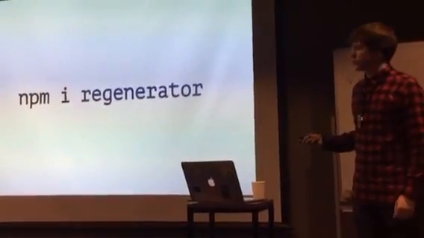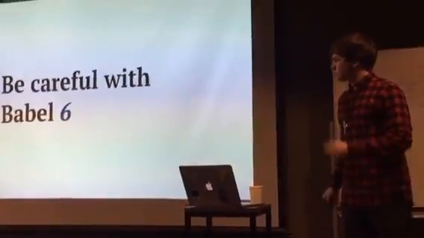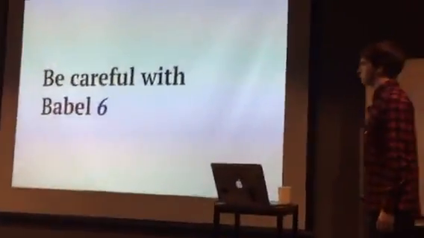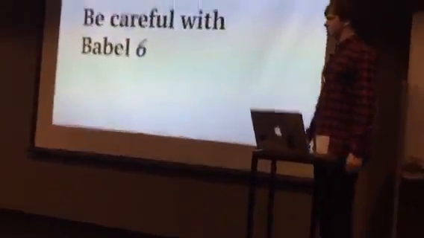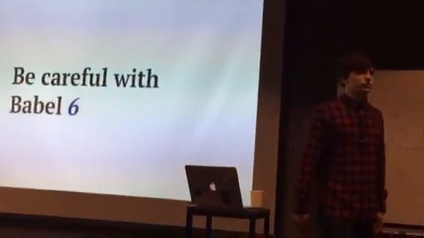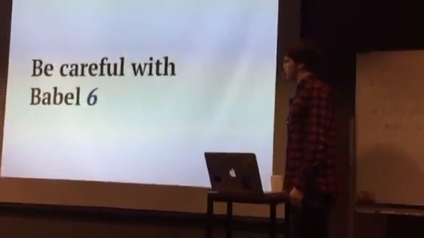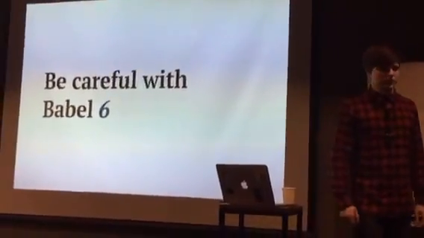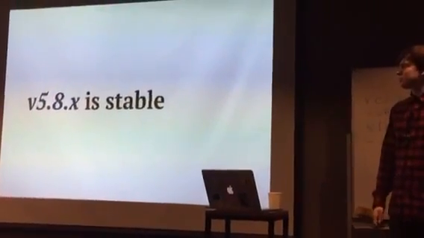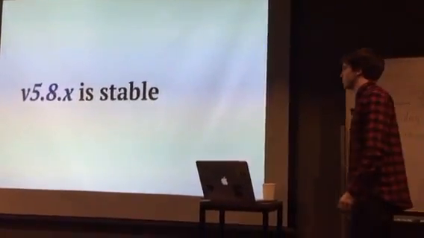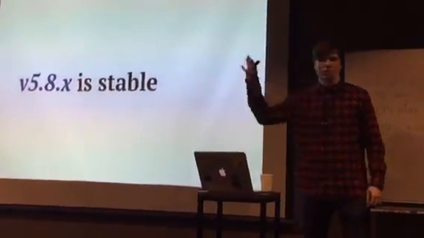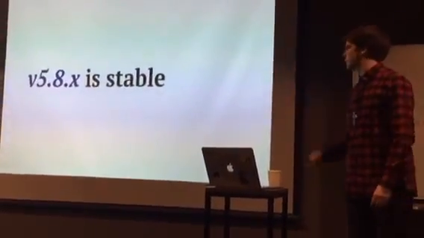that contains Regenerator. And talking about the latest news about Babel, we have Babel 6, but it's broken in some parts. So if you don't want to start hating Babel, you should use version 5.8 point something, 34, I guess.